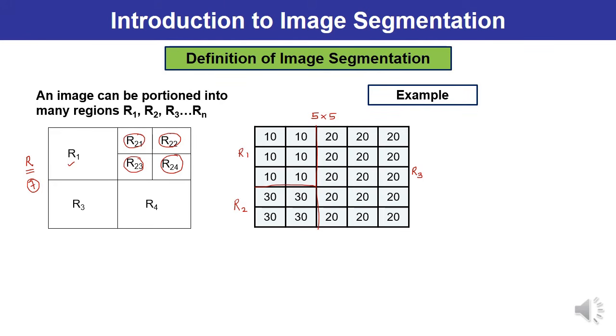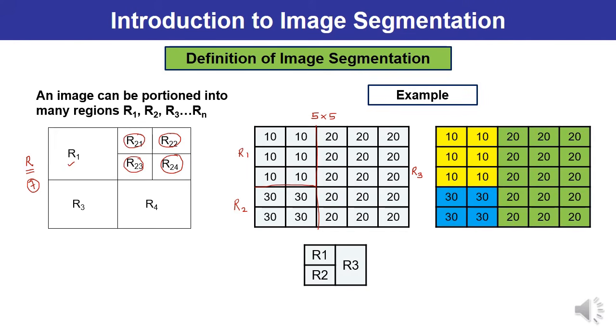From this diagram, I have shown the matrix with different colors so you will easily recognize. One region consists of all the pixels having value 10, another region has value 30, and the other has 20. So this is how you can represent the image with 3 regions: R1, R2 and R3.